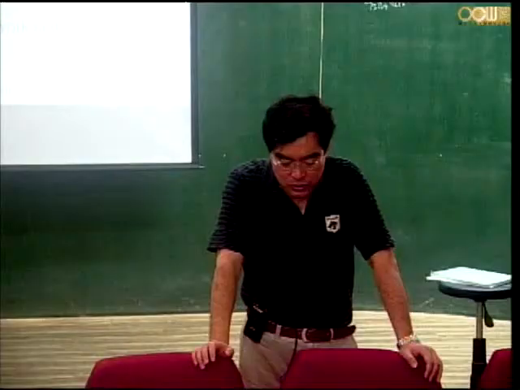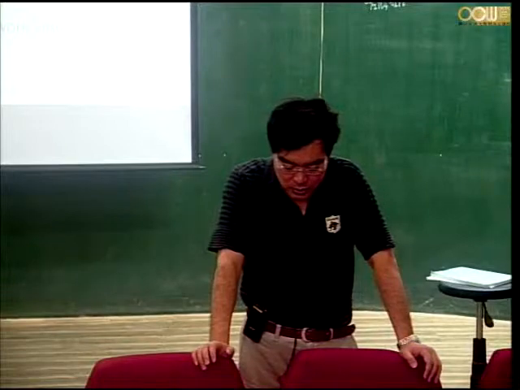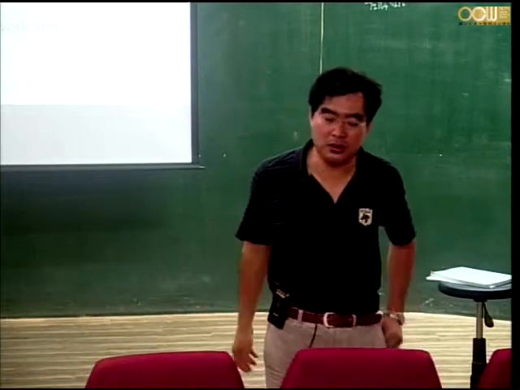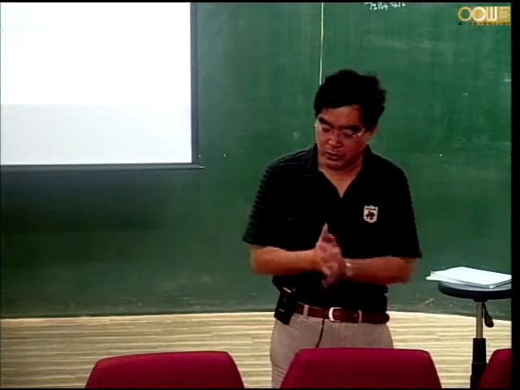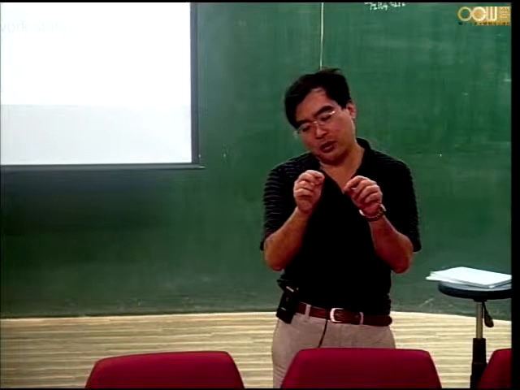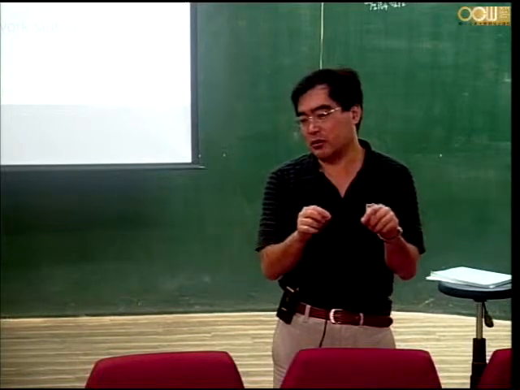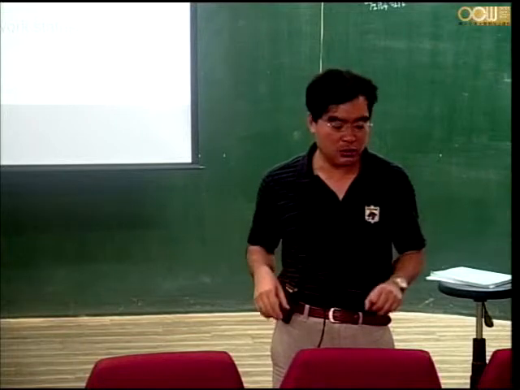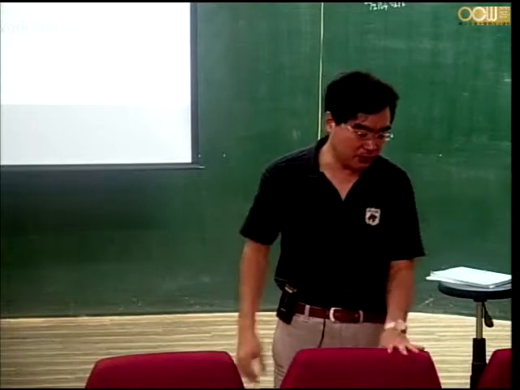So I will be able to construct a topology, a graph. And also I know the delay on each link, right? That's the link state. I know the delay on each link, so that'll be the cost of the link.